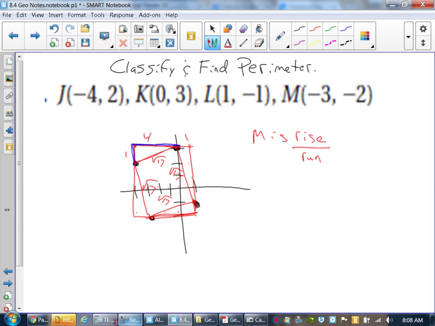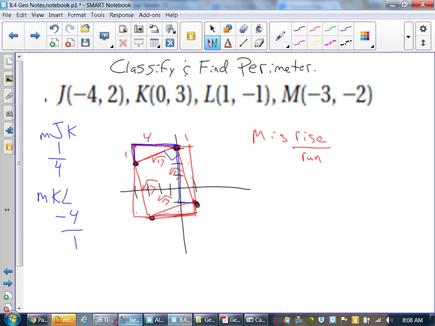So my slope between J and K was 1/4. The next one, from K to L, well, I went down 4 over 1. When you go down, it's negative. Are those two opposite reciprocals? Which means right here is a right angle.